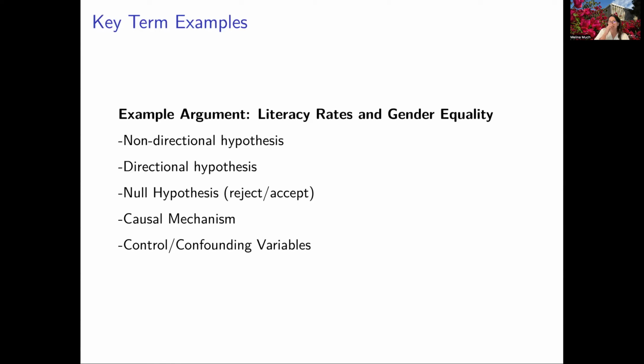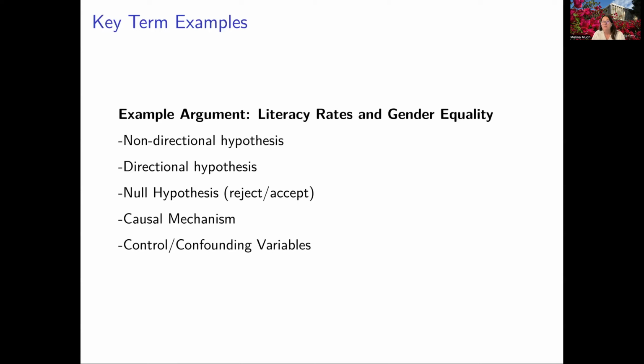Our causal mechanism for a working hypothesis, maybe our directional hypothesis, that increases in literacy rates cause increases in gender equality, would be that increases in literacy rates make it easier for women to get access to jobs and healthcare and education, which thus ends up promoting more equality between different genders in an area.